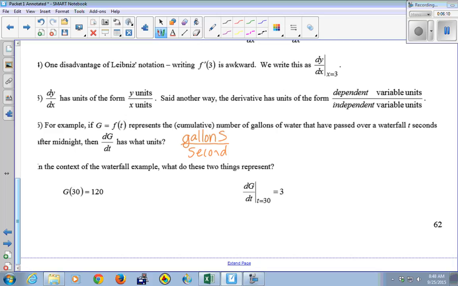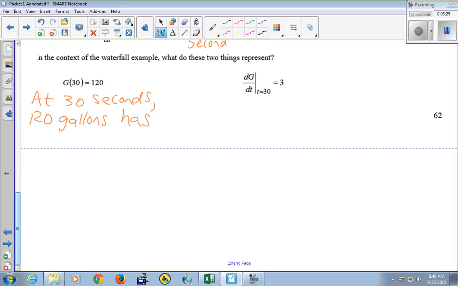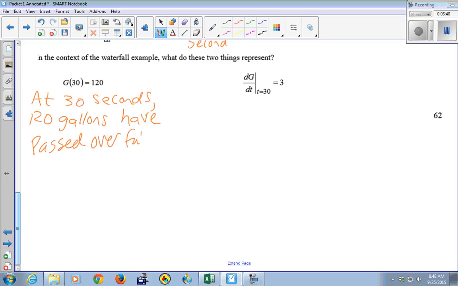Right, because T is my independent variable here, time, so 30 is a T. So at 30 seconds, 120 gallons have passed over the falls.